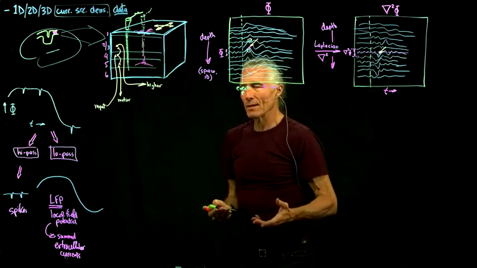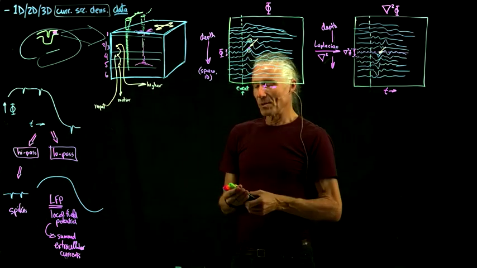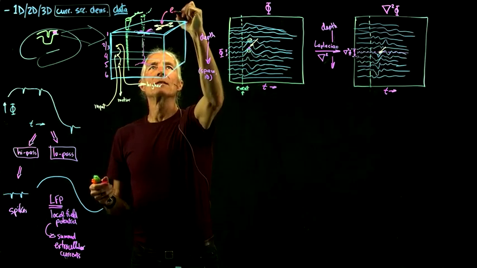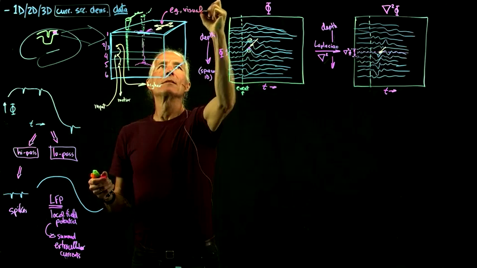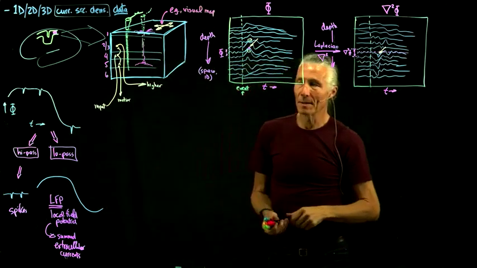Generally, if you're in an early sensory area, there'll be something like a visual map. So it might map different parts of the retina.